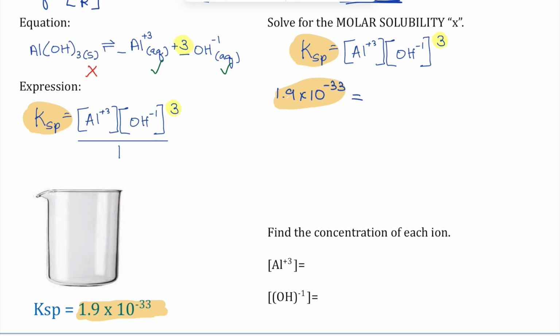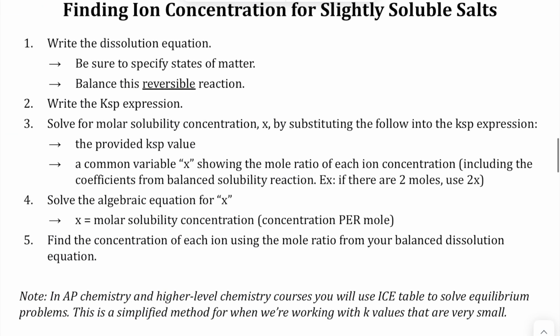Well, I need to look at the fact that I have a ratio of 1 aluminum to 3 hydroxides, and those concentrations have to be the same because they all need to be paired up in that solid. And so what we do is we use a common variable because we have that 1 to 3 ratio, but that ratio is based on a common concentration.